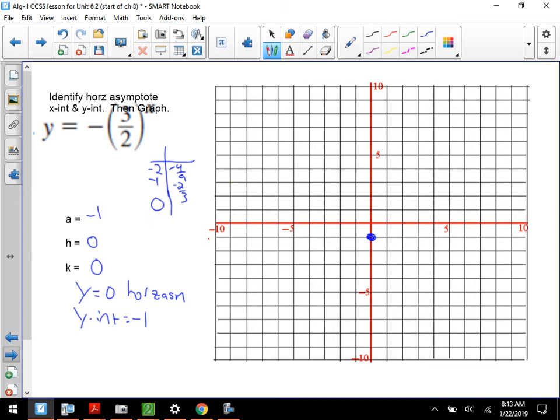At 0, it's -1, because anything to the 0 power is 1. 1 times -1 is -1. 3/2 to the first power is 3/2. Multiply that by -1, -3/2. And then again, 3/2 squared would be 9/4. 9/4 times -1 is -9/4.